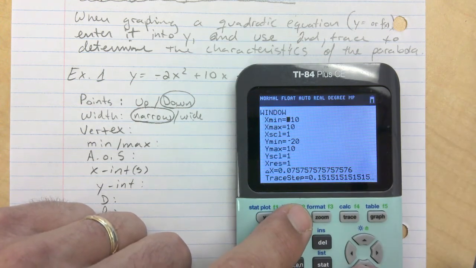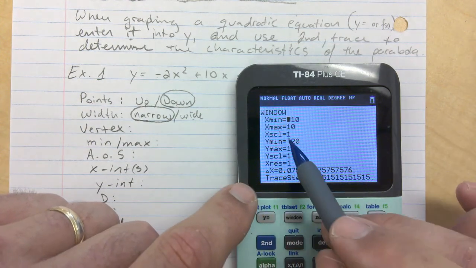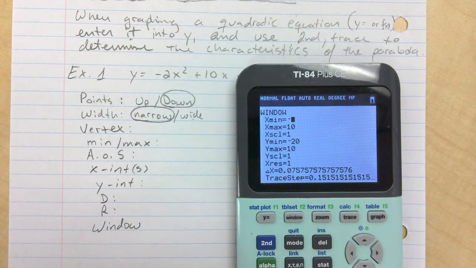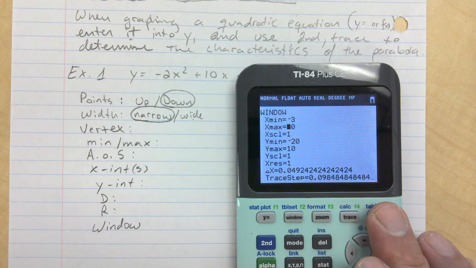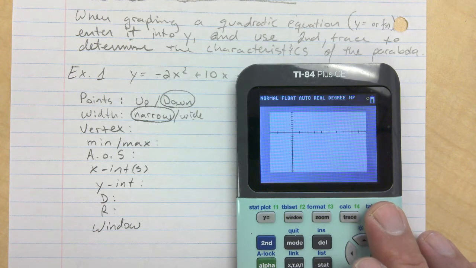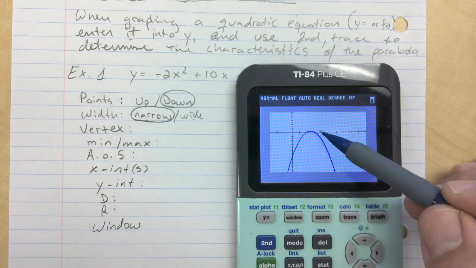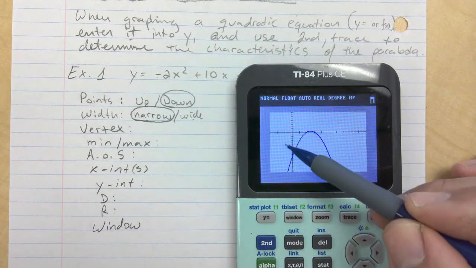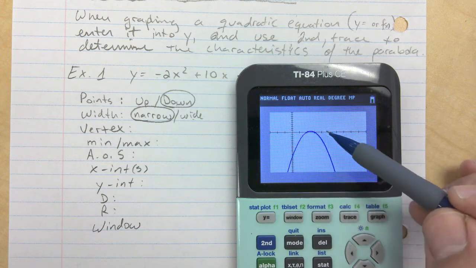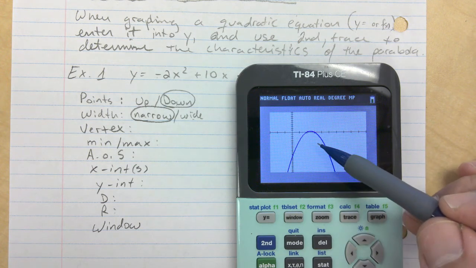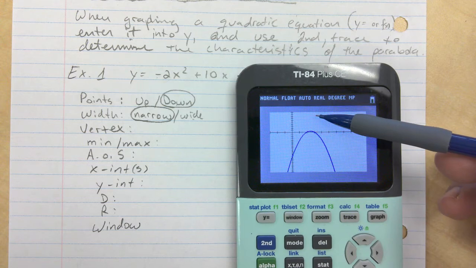So go window, change your x min to -3, and then hit graph again. And now you're seeing a little bit more of everything that you're really interested in terms of the graph.